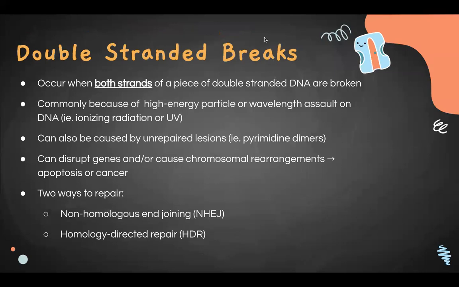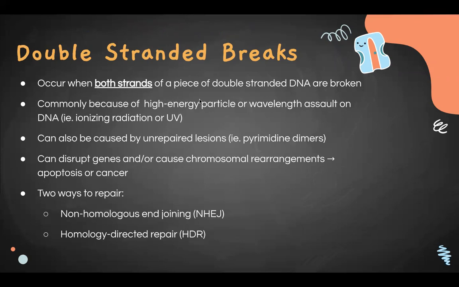So now we're going to move on to a different type of damage, which is double-stranded breaks. This occurs when there is a break on both strands of a piece of double-stranded DNA.